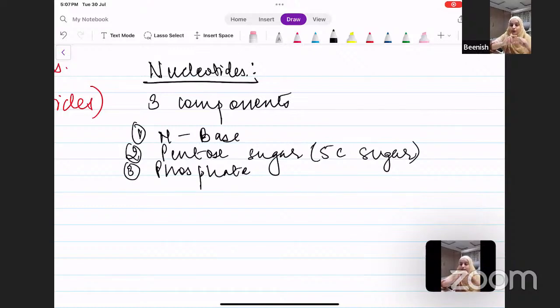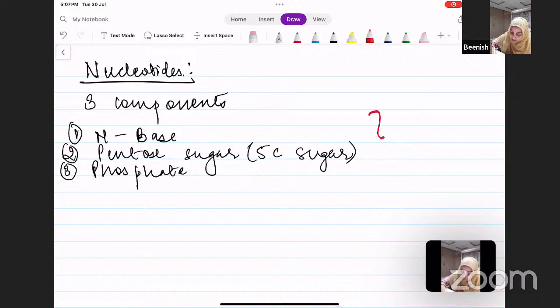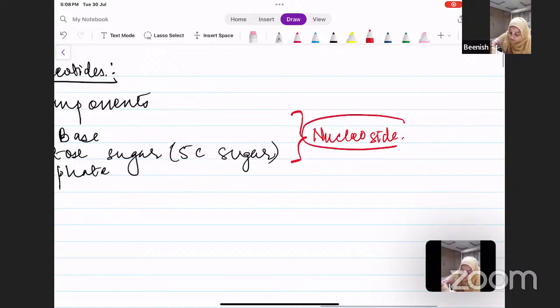At first, I said that your nucleic acid is made up of monomeric units, nucleotides. Now these nucleotides are made up of nitrogenous base, pentose sugar, and phosphate. All these three things put together form your nucleotide. A nitrogenous base and a pentose sugar, just the two of these, form what is known as a nucleoside.